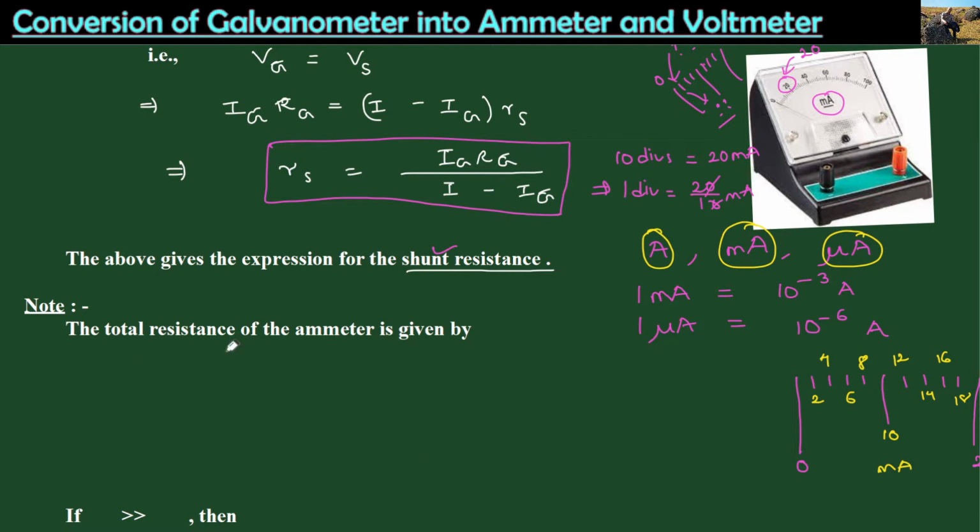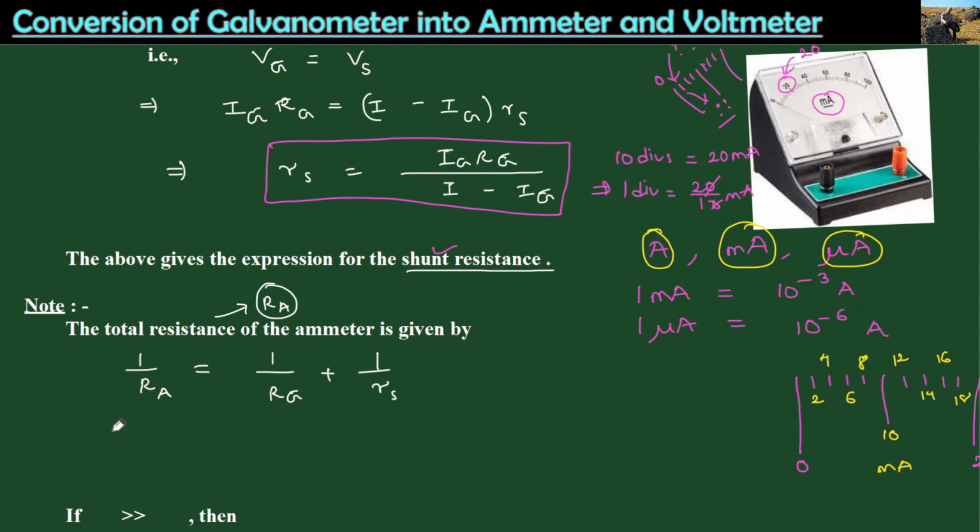Let Ra be the resistance of the ammeter. Since they are in parallel, the formula for parallel combination of resistors applies. So 1 by Ra will be partly the resistance due to the galvanometer Rg, and partly the resistance of the shunt resistor.